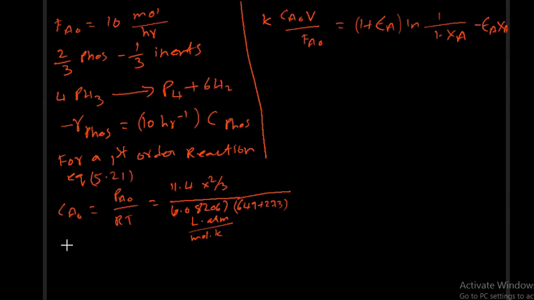So Ca0, if you calculate, is 0.1 mole per liter.